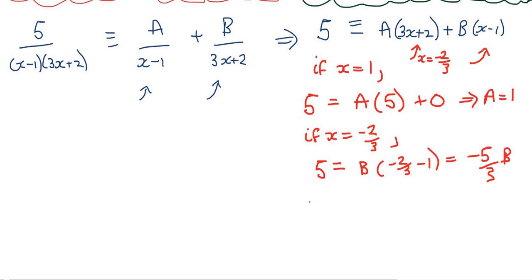So from there we can conclude that b is 5 times 3 divided by minus 5, which is minus 3.